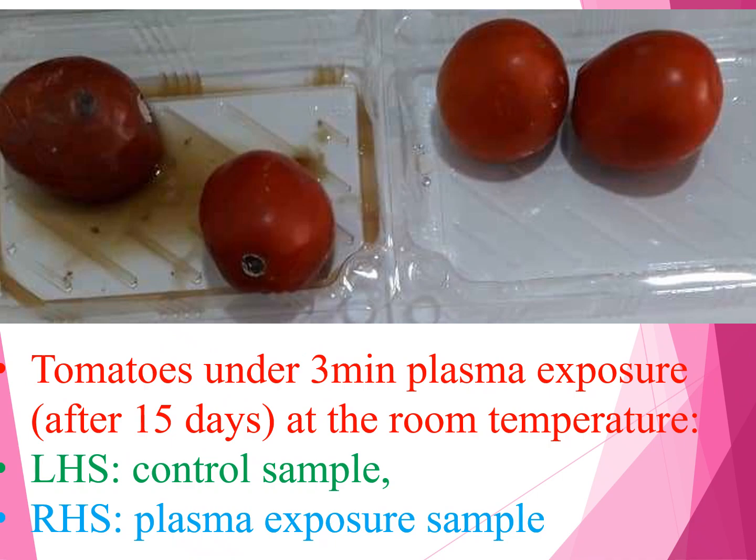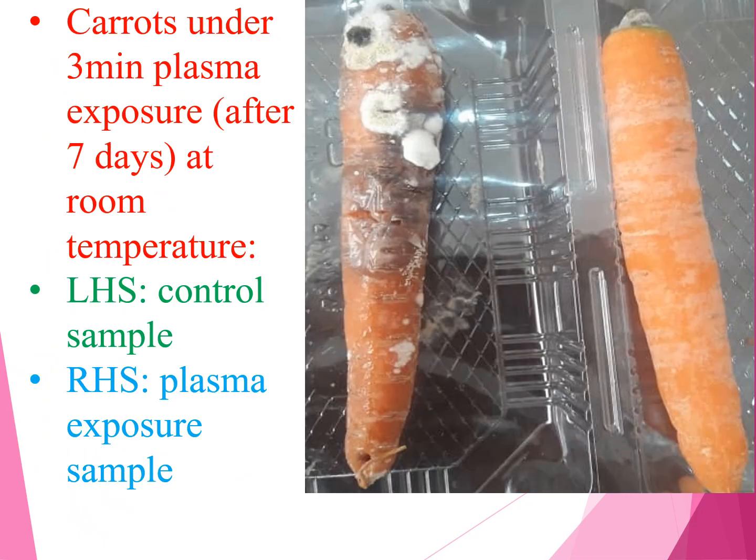Same issue is there for tomatoes which have been under 3 minutes plasma exposure, and we have kept them outside. After 15 days we have taken these photos. The right hand side is the plasma exposure one and the left hand side is the control sample. Same issue is for carrots after 7 days at room temperature with 3 minutes plasma exposure.